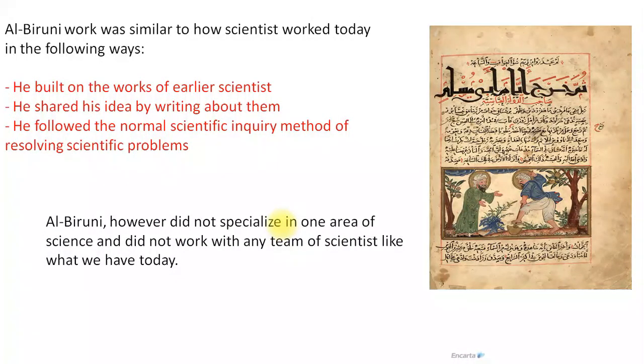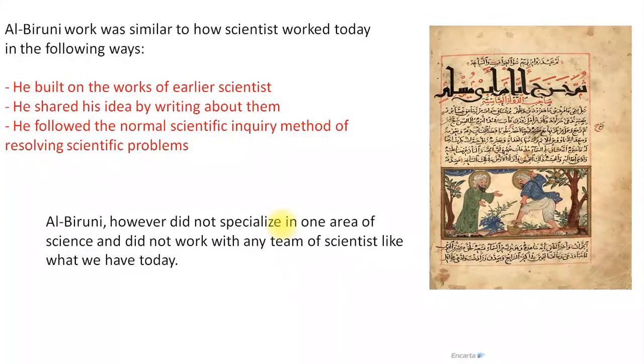Al-Biruni worked the way a lot of modern scientists work today, because he built on the work of earlier scientists. He shared his ideas by writing about them, and he also followed the normal scientific inquiry style of resolving problems.